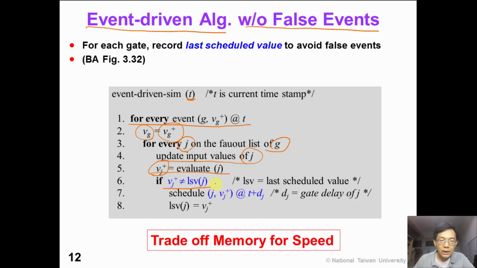If Vj plus is different from the last scheduled value, then we schedule this event in the future at time T plus Dj, where Dj means the gate delay of gate J. And we also update the last scheduled value for gate J. If we can do this, then we can avoid a false event to be scheduled.